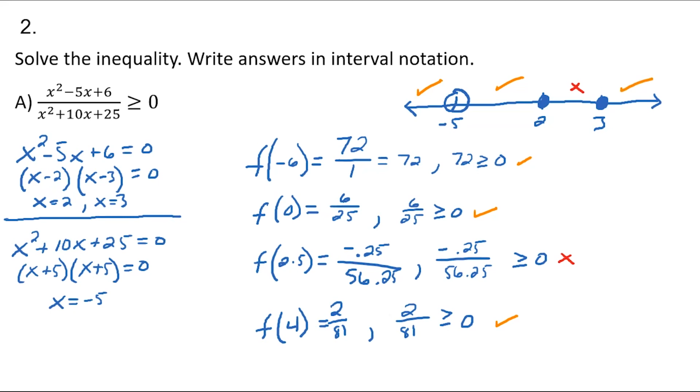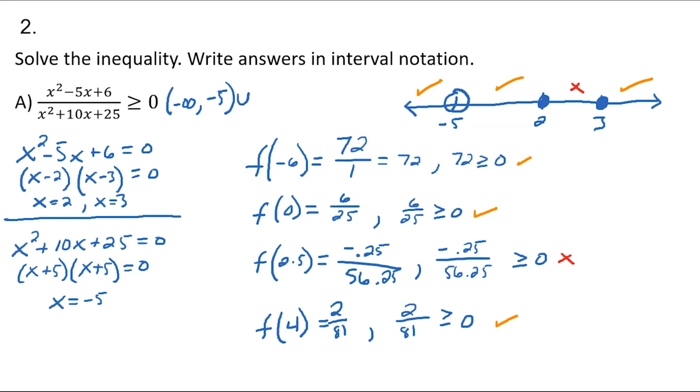Now let's put all this together and write this in interval notation. I go from negative infinity up to negative 5, but I don't want to include it, so that is a parenthesis.